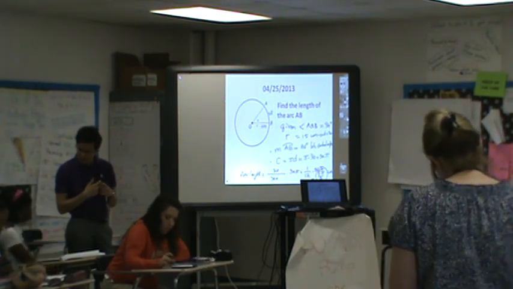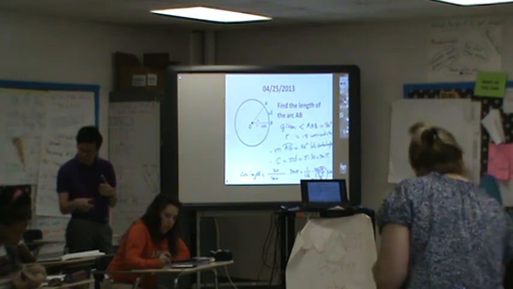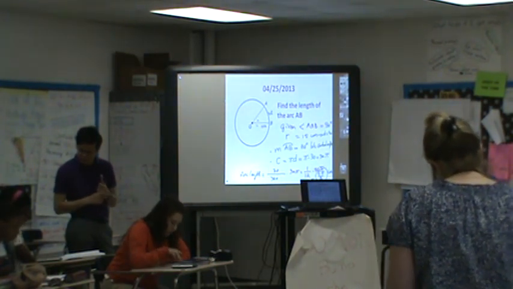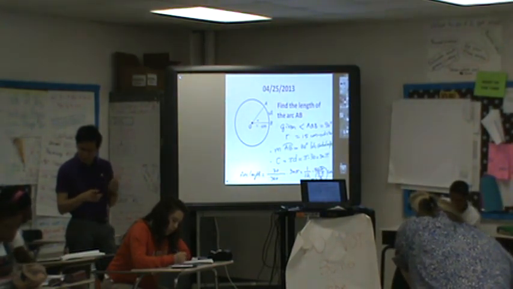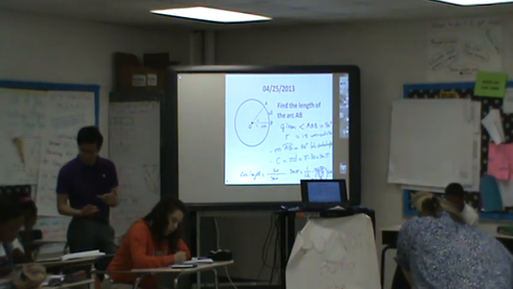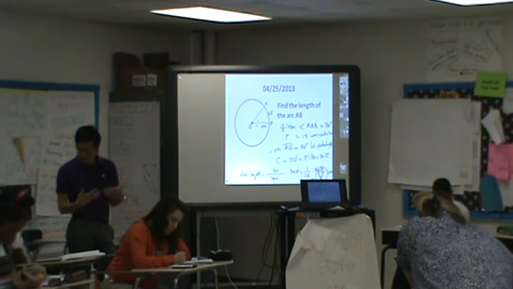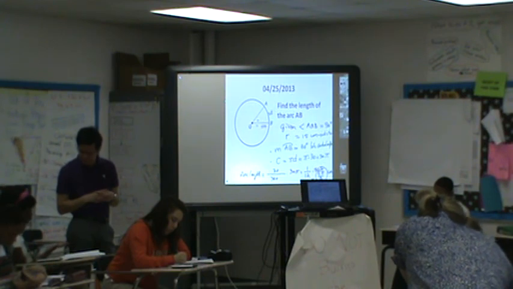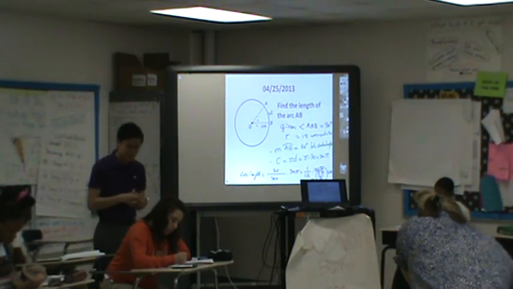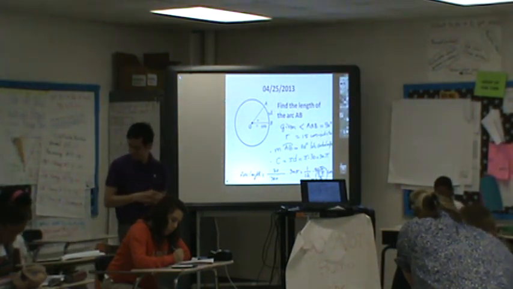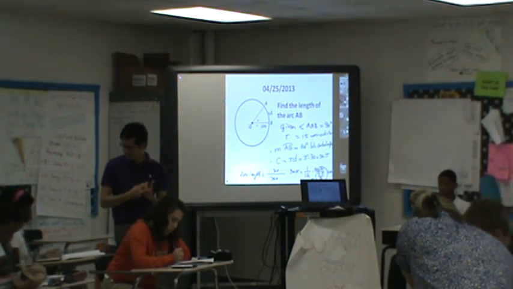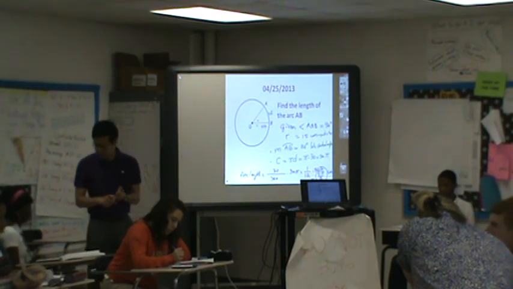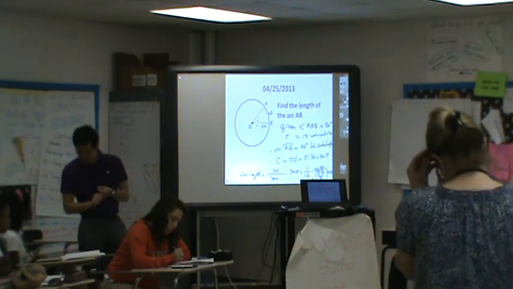What is that number? You take 48, you divide it by pi, which is what? You take the circumference, you divide it by pi, that gives you 15.27.